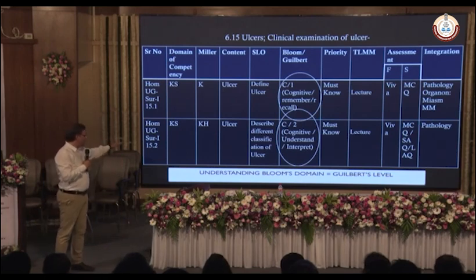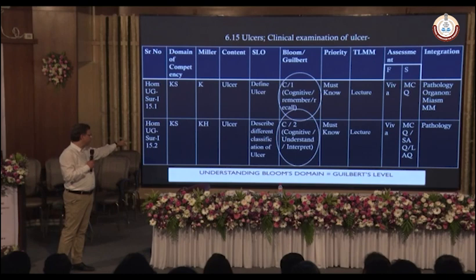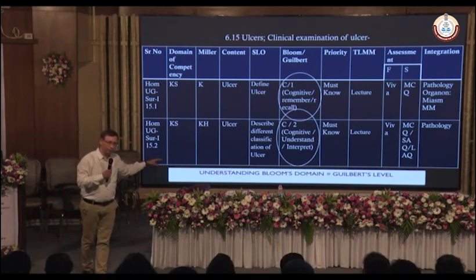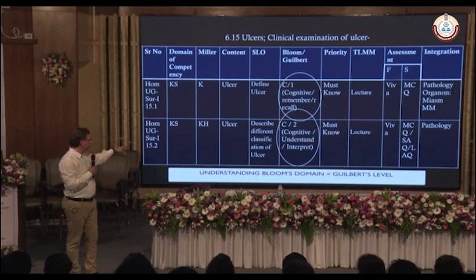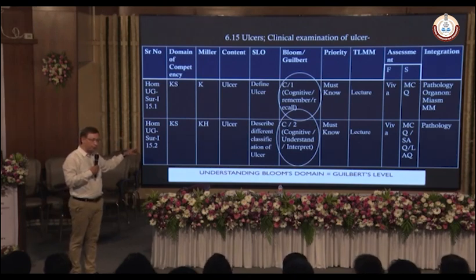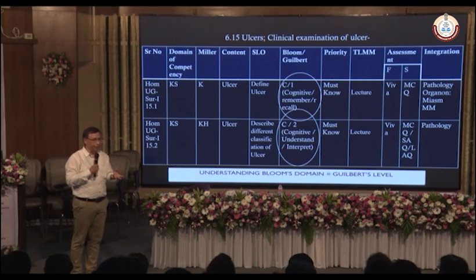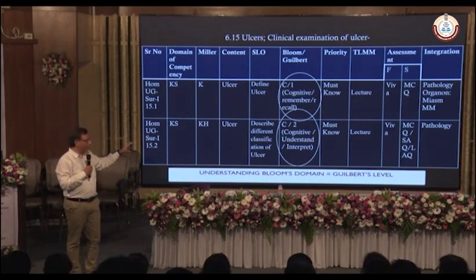In the second example, describe different classification of the ulcer, it is cognitive at Gilbert level 2, where a student has to understand and interpret. It is not only knowledge based. A student should apply his mind as to in which type of ulcer a particular remedy is selected. So that's why it is kept at level 2.